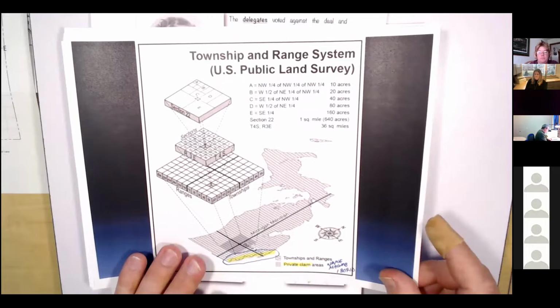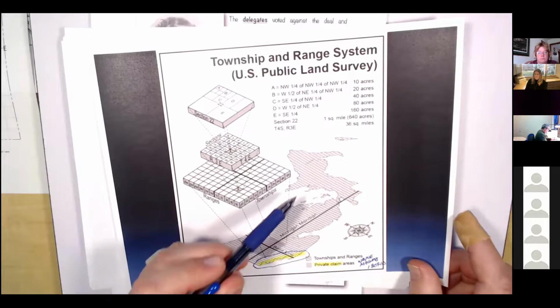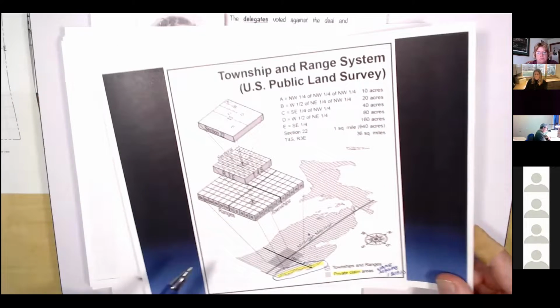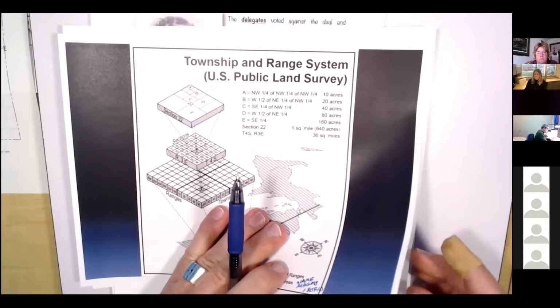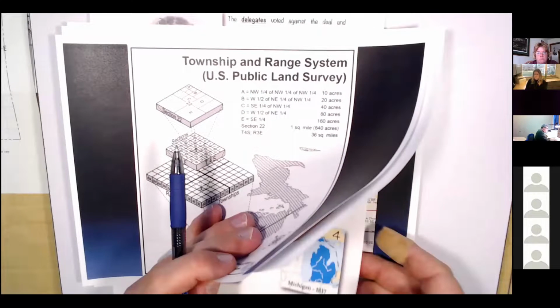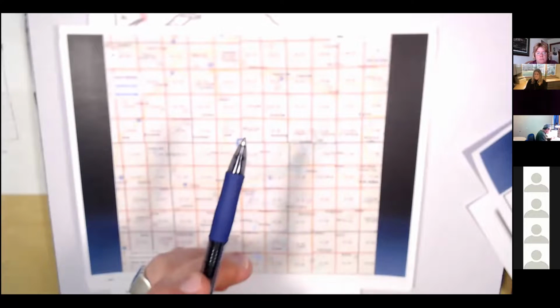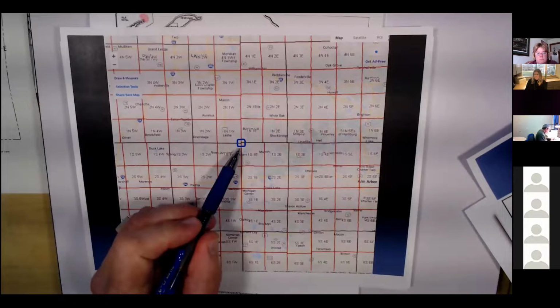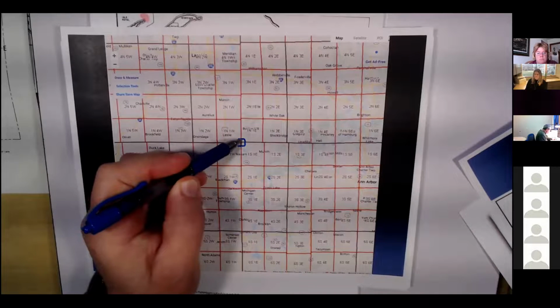And in their infinite wisdom, they didn't put it, oh, gee, I might put it like right there somewhere, but nope, they put it way down here. And that is an area that's located at the intersection of Ingham, Livingston, Washtenaw, and Jackson counties, right here where you see this little blue box.